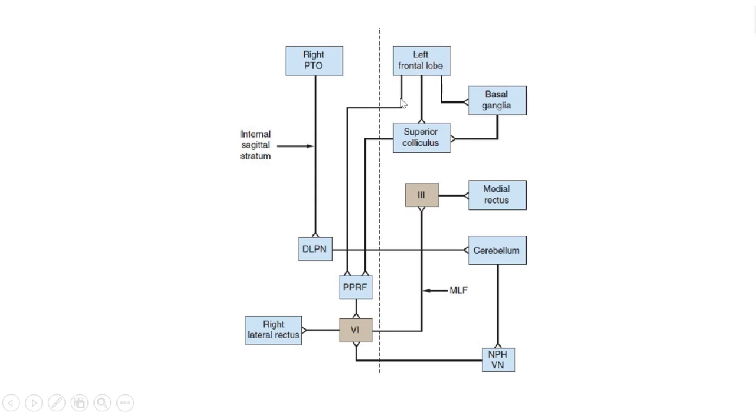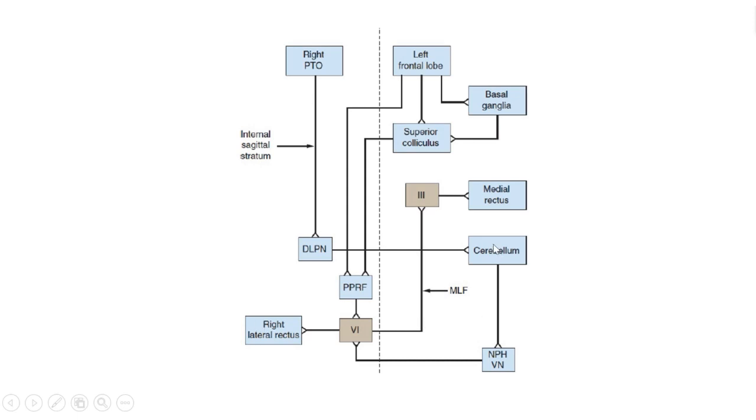It has given information which is crossed over in the midbrain and gone to our PPRF, and the PPRF is going to give a command to the 6th nerve nucleus, which will cause the eyeballs to look here. It also gives information through the medial longitudinal fasciculus to the opposite side 3rd nerve, which will contract the medial rectus. In essence, the PPRF is stimulated and it will cause the eyeballs to look to the right side in this case.